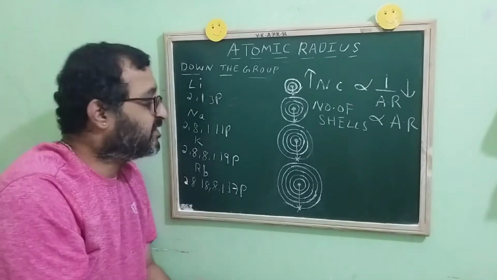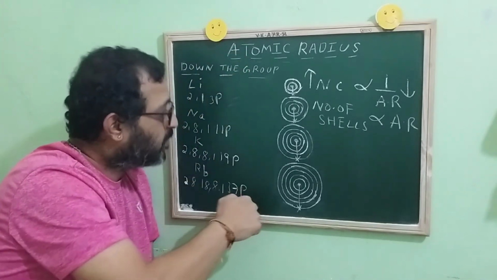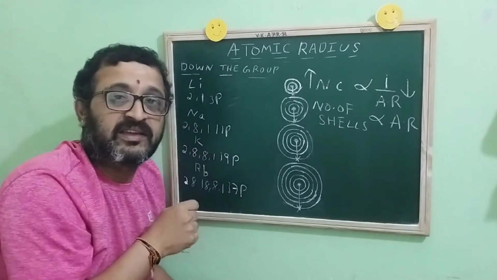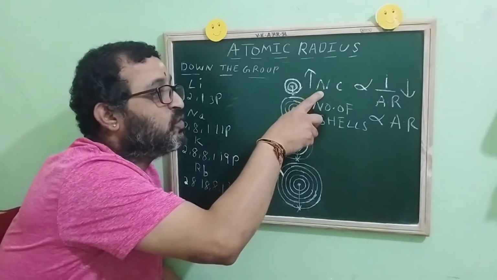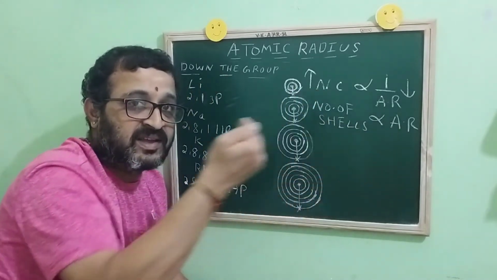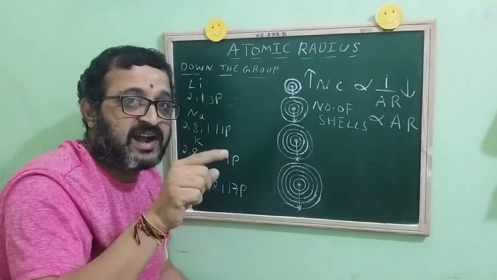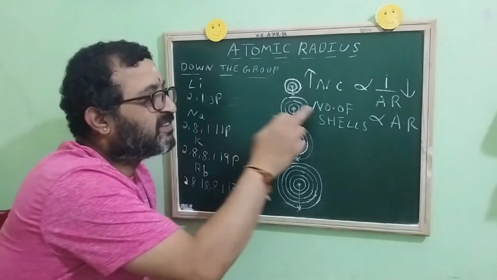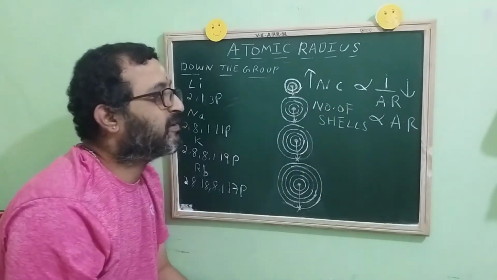Now common sense says that when you go down the group, the nuclear charge is continuously what? Increasing. So we know that as the nuclear charge increases, the electrons in the outermost shell are pulled with greater force. The size of the atom should what, children? Decrease.